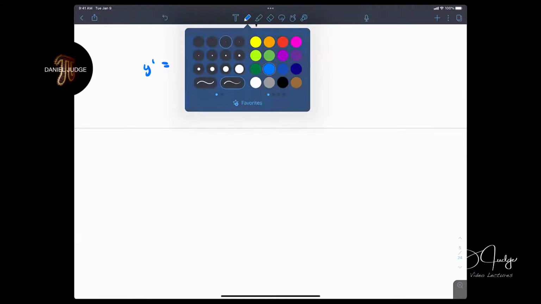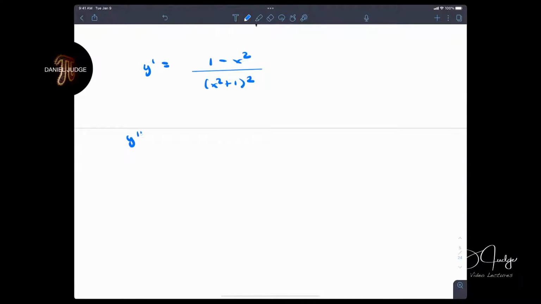Okay, so let's get the second derivative. We got to find concavity now, the intervals of concavity. And so again, we have the quotient rule, and I think there's no way around this quotient rule. So we're going to square that denominator, and now it's to the fourth power.